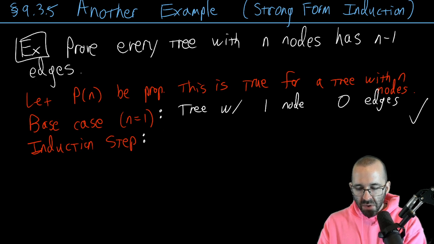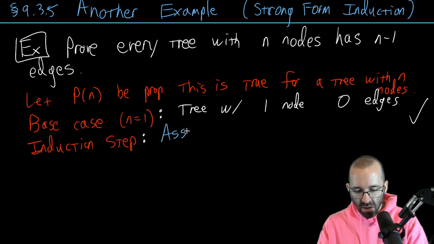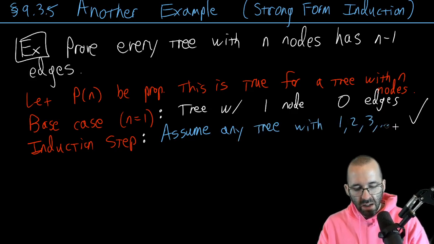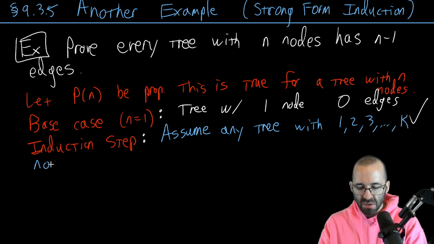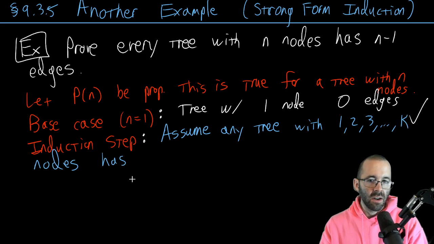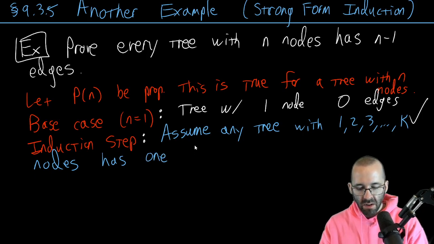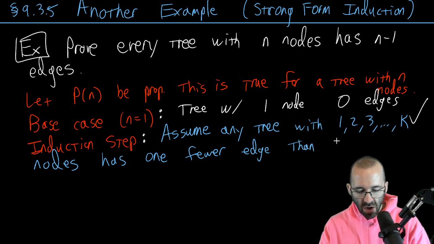So we're going to assume any tree with 1 or 2 or 3 all the way up to k nodes has one fewer edge than it does vertex, than node.